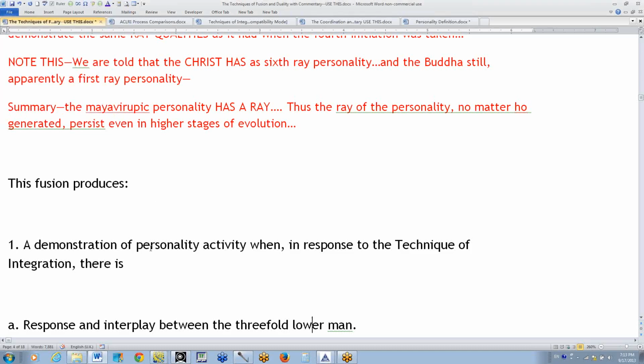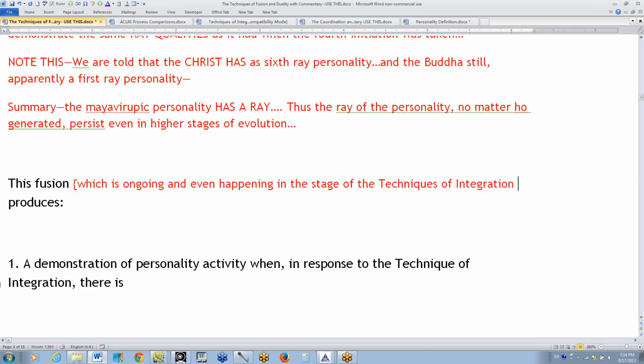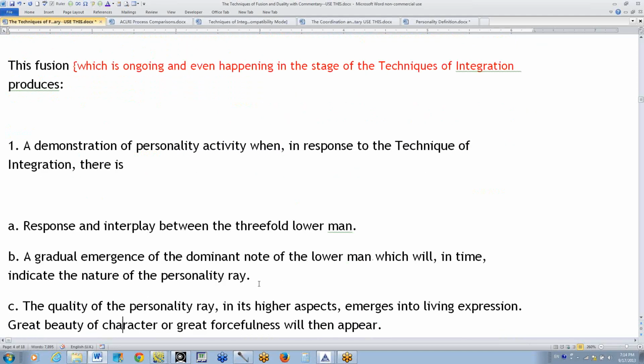This fusion produces a demonstration of personal activity when, so the fusion, which is ongoing and even happening in the stage of the techniques of integration, produces a demonstration of personal activity when, in response to the technique of integration, there is response and interplay between the threefold lower man.